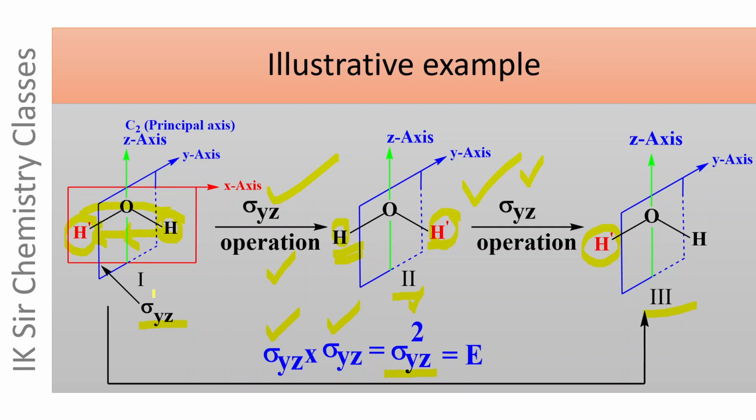And since 1 and 3 are identical, sigma yz square is nothing but identity operation. It means if reflection operation is applied on a molecule one by one twice, it is nothing but identity operation.